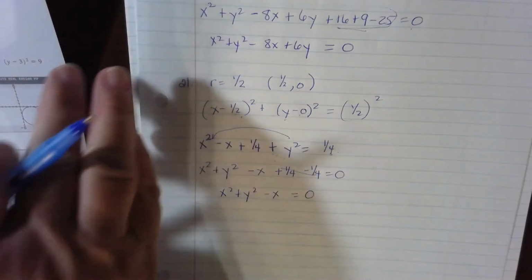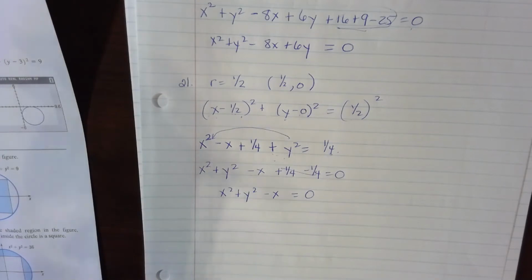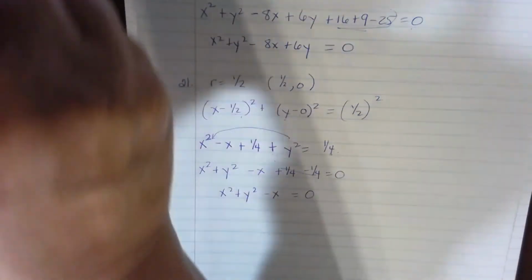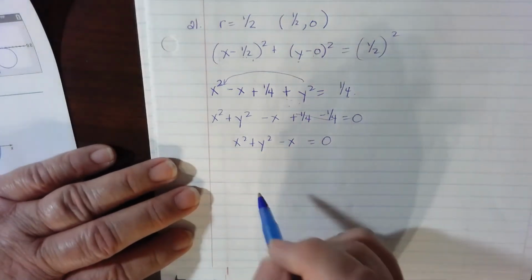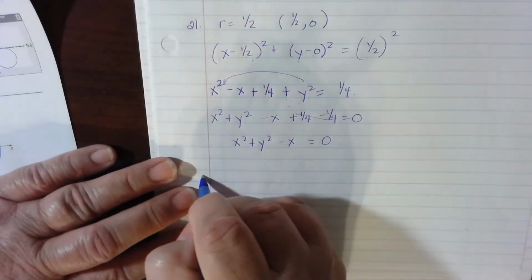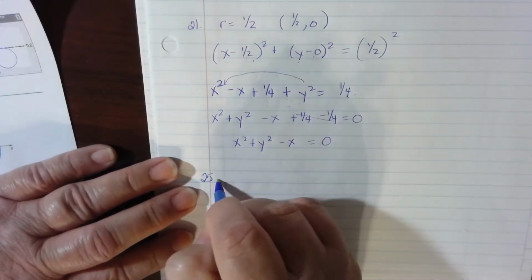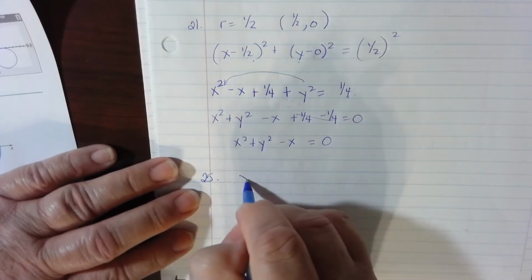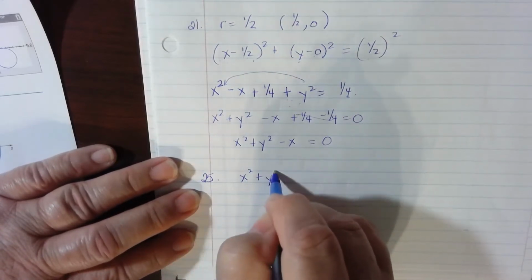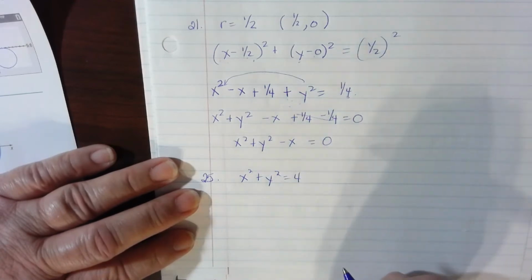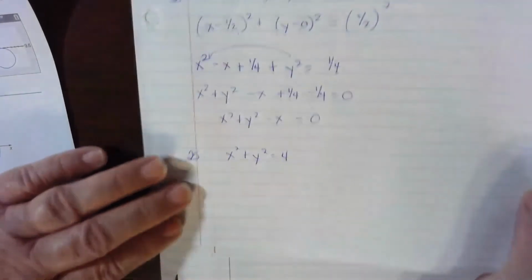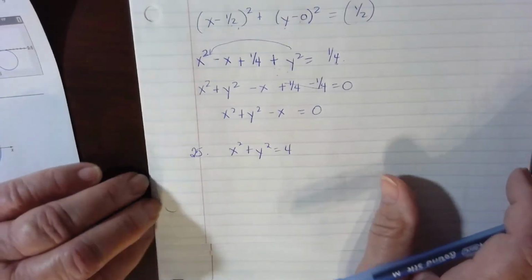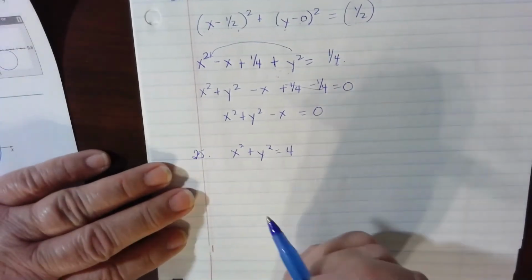Now, let's see where we're going next. Okay, next we're going to problem number 25, and they asked me to tell what the center and the radius is and find the intercepts. Okay, and graph it. Oh Lord, there's a bunch going on there.